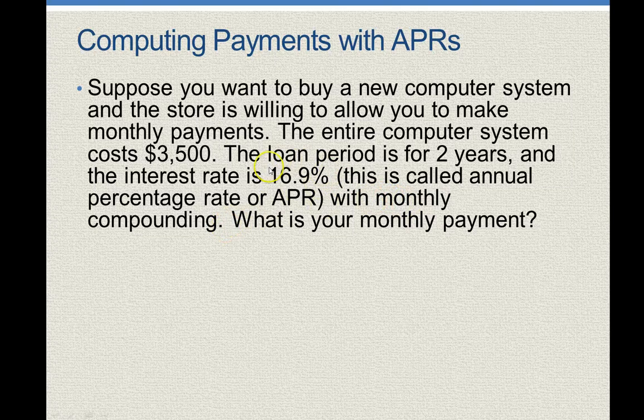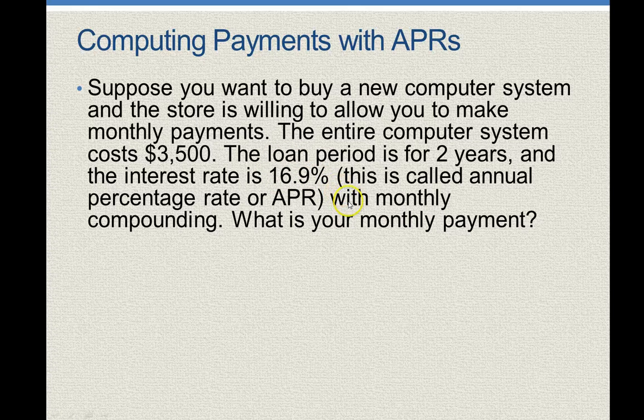Because it's the quoted rate or APR, this number doesn't tell you that if you put $100 down, your end of the year interest will be $16.90. That's not the case. This doesn't tell you how much you're going to earn, and that's why we call it the quoted rate.